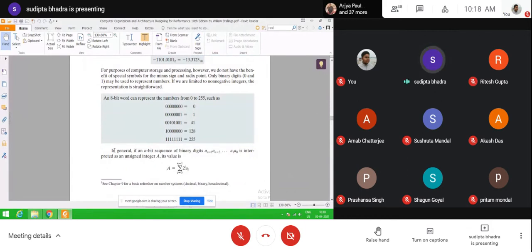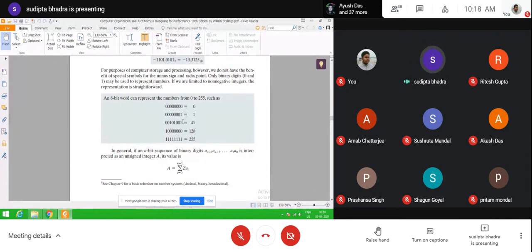In general, consider an n-bit sequence of binary digits like a(n-1), a(n-2), up to a1, a0. Here a0, a1 and so on represent the binary digits.